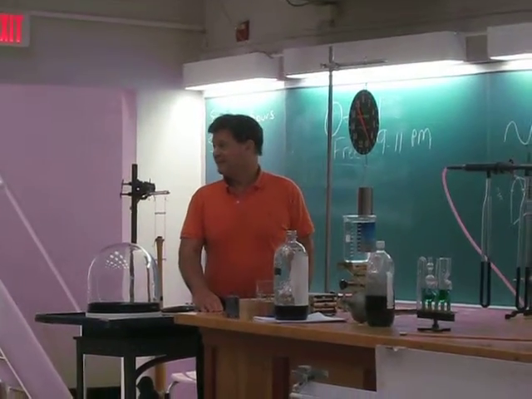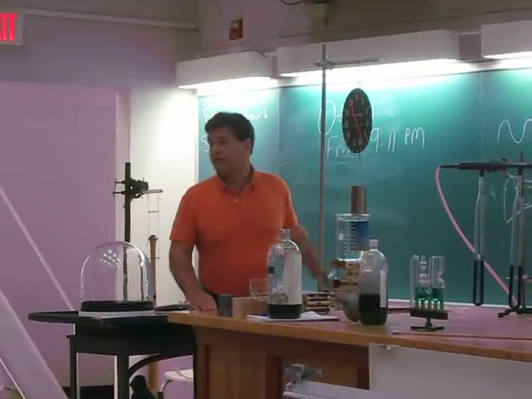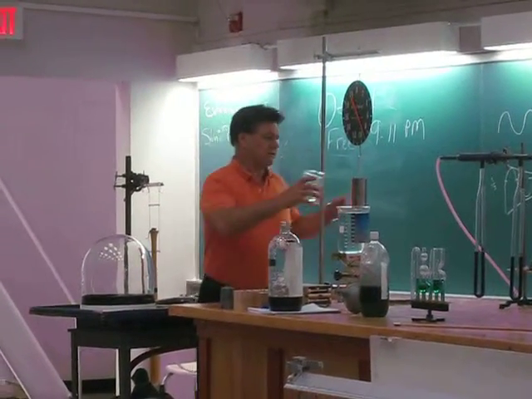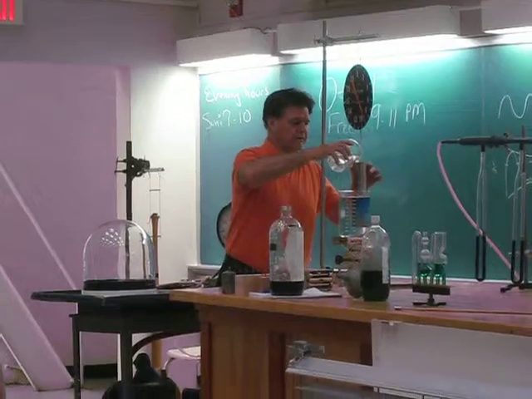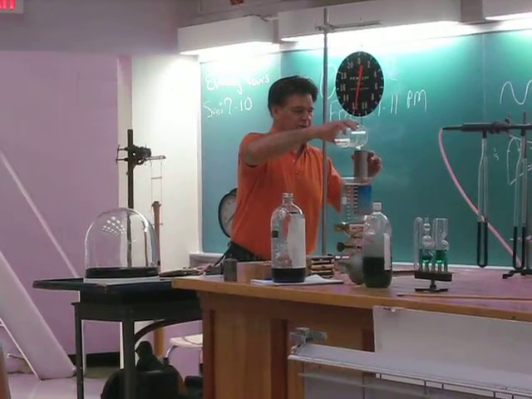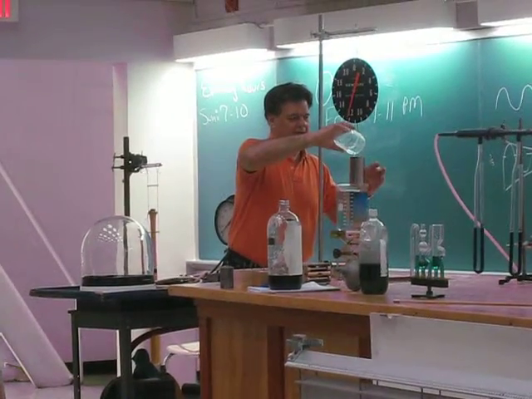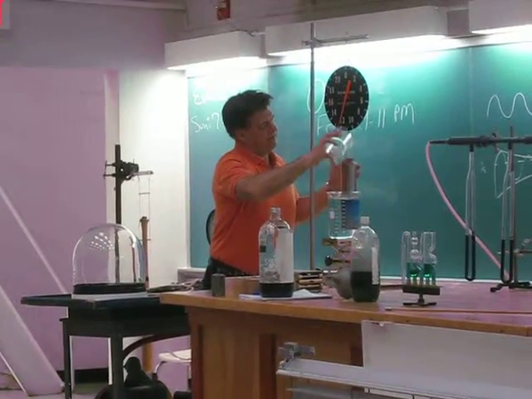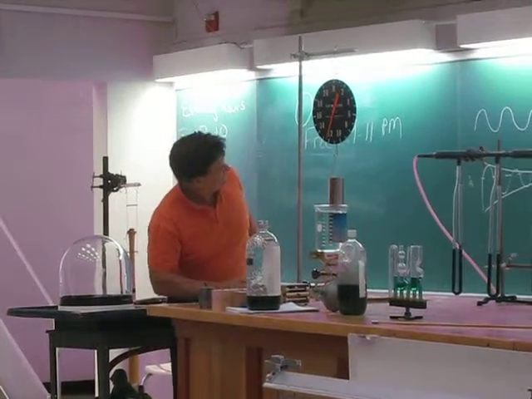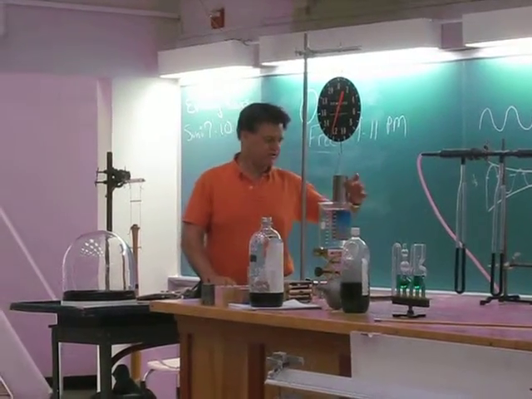So therefore, it should cancel it out, and then this should go back to 13, right? So let's just pour it in here. Almost. All right, so this should match that.